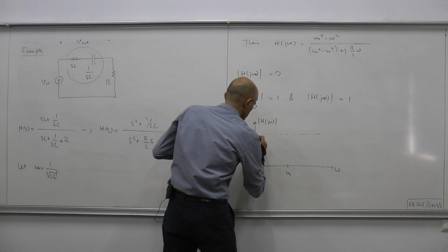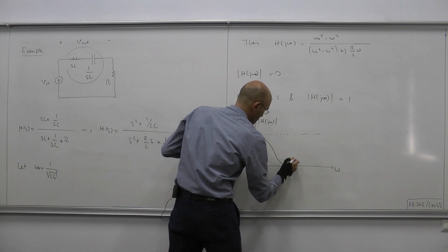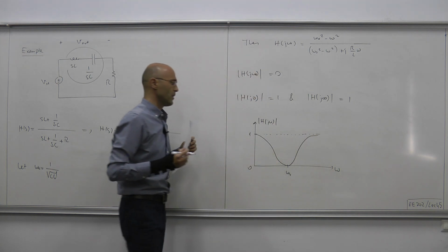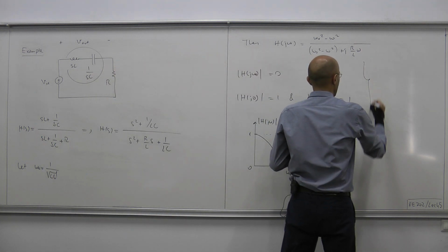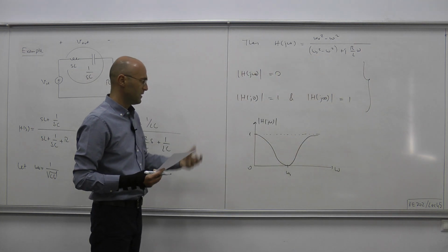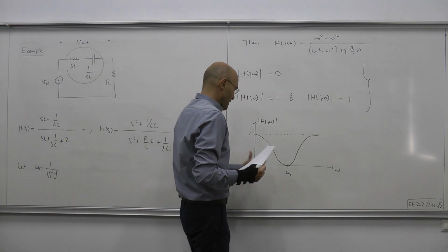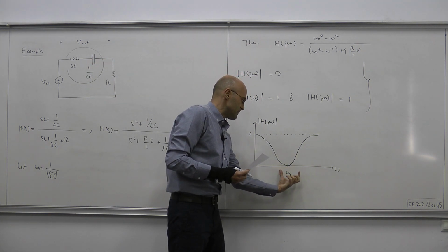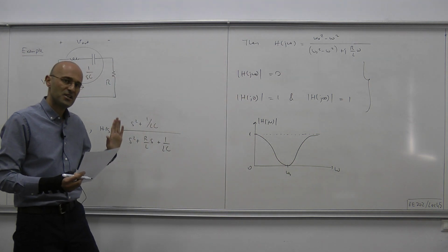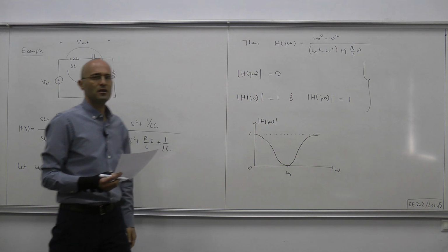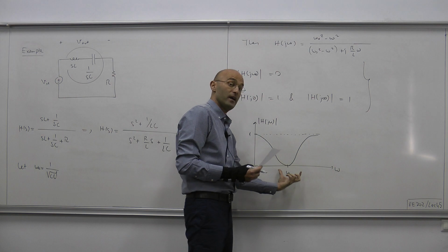So this is the reverse bump, or the dip. Therefore, the type of this filter is such that this band, the frequencies around omega 0, those signals are not let through to the output side, because they're attenuated.